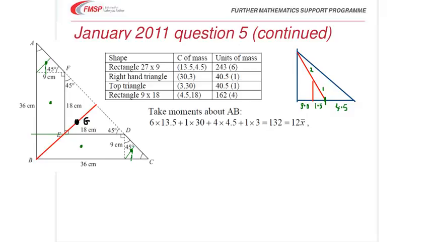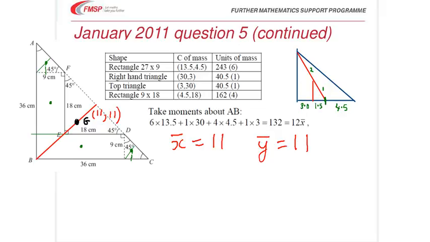Okay, taking moments, here's the moments equation, check that. The answer from that equation is x bar equals 11. So it follows that y bar is 11. So the coordinates of the centre of mass, that point there, is (11, 11). Right, and that's it for the first part.